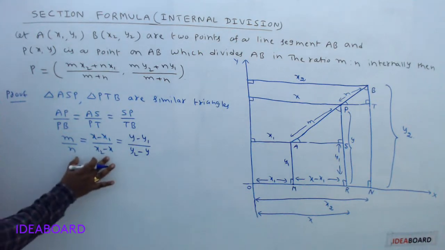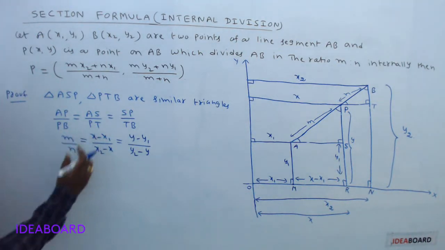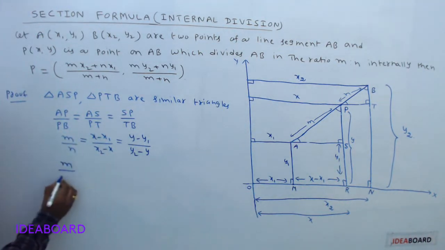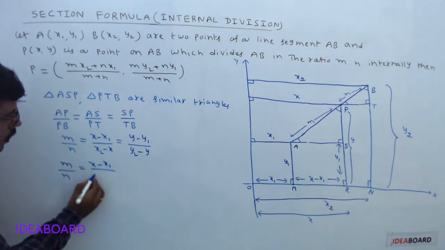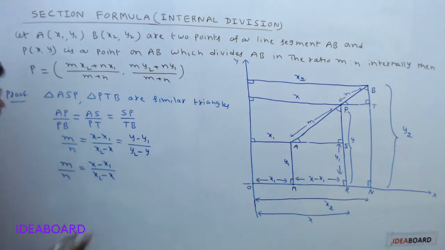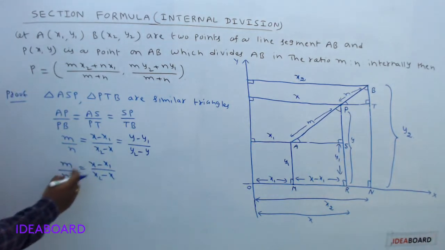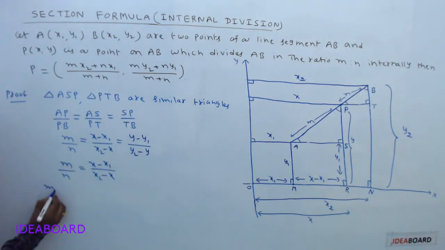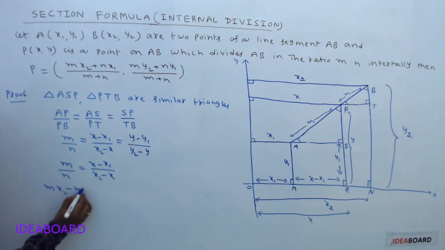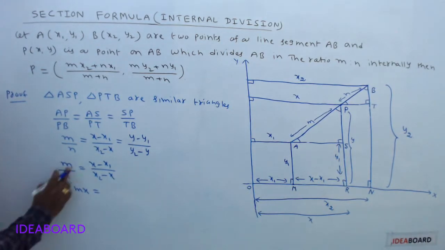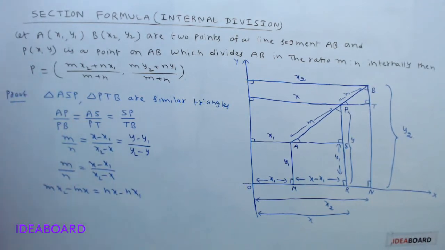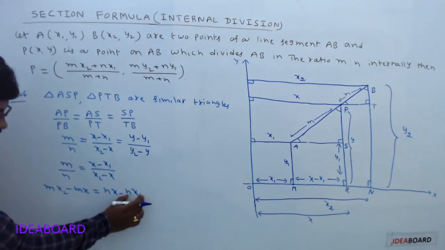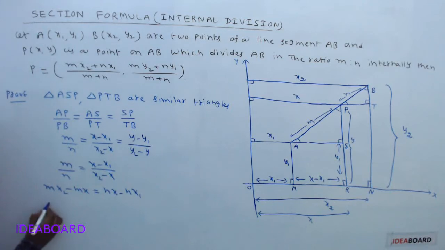Now first equating these two fractions, m by n equals x minus x1 divided by x2 minus x. Now do the cross multiplication. It is mx2 minus mx equal to nx minus nx1. Now bring this minus nx1 term from RHS to LHS.